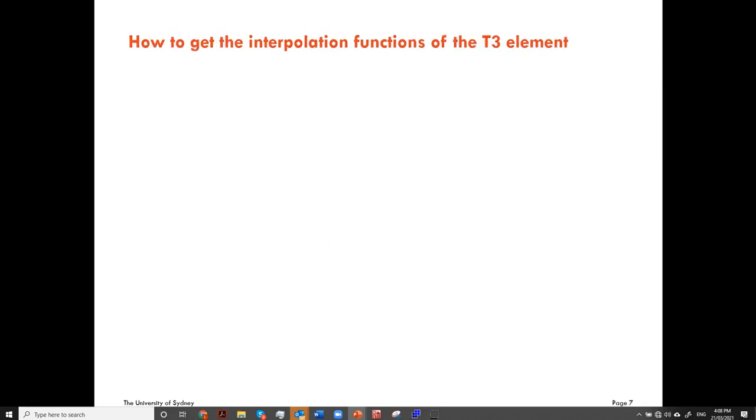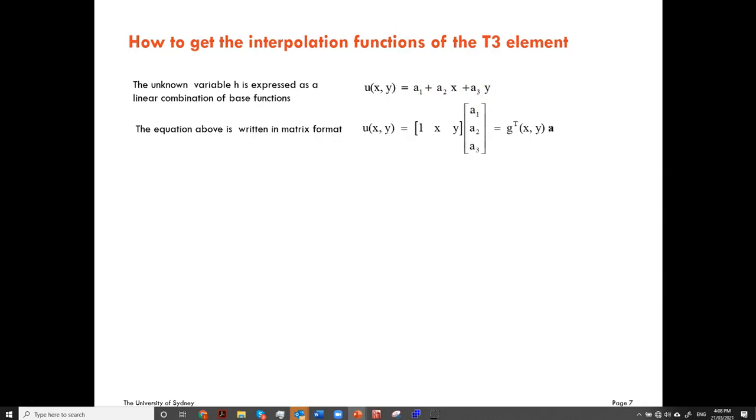So how to get these interpolation functions? Let's start from the assumption that the u displacement is a linear function in 2 coordinates. So this expression can be written in a matrix format.